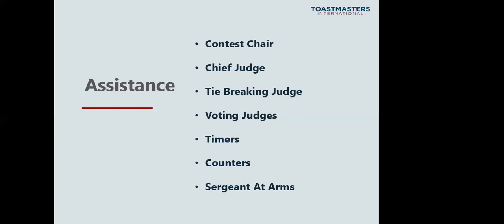So if you have 3 clubs, you have to have voting judges from each of those clubs so that everyone is represented. If you're at the division level, you need an extra counter, and you need the same number of voting judges from each area, or a minimum of 7.